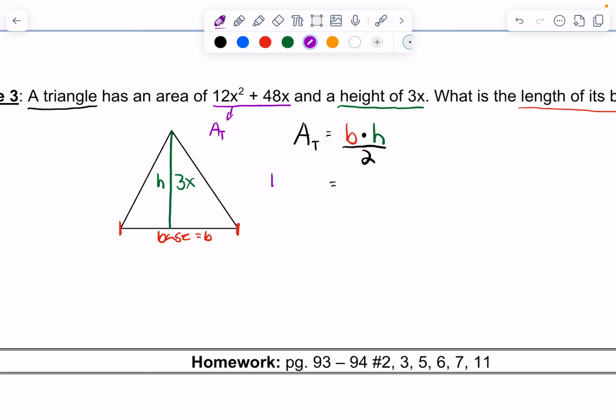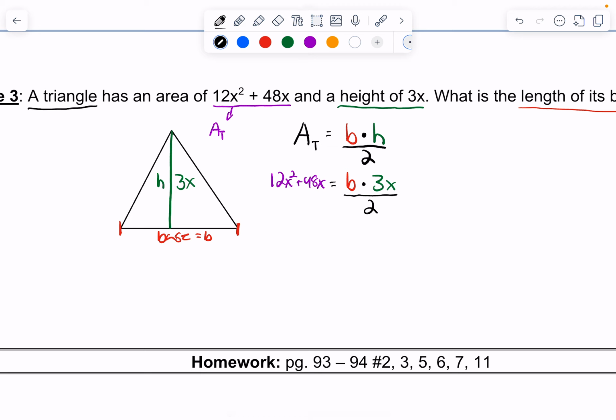The base, well, we don't know. That's what we're looking for. We're looking for this thing in red. And then it gave us the height. The height is 3x divided by 2.